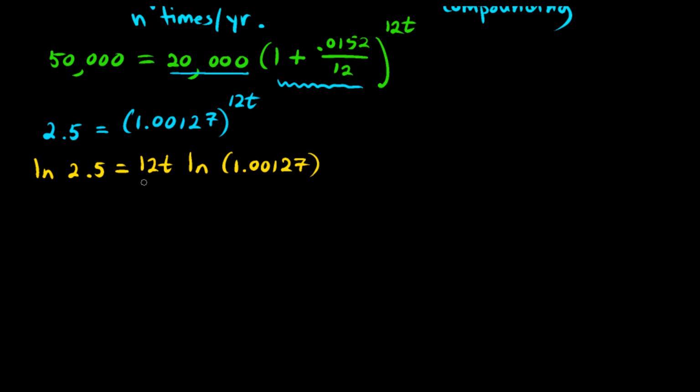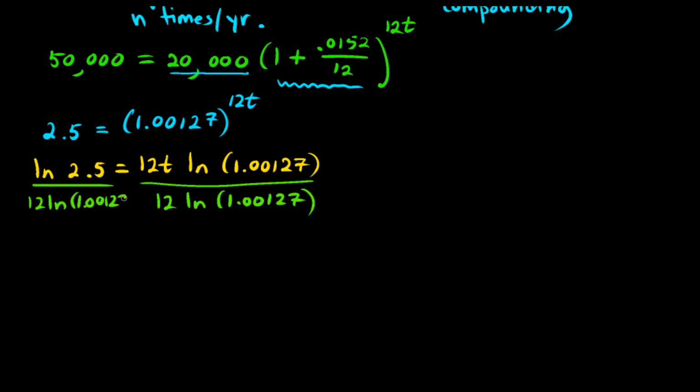Okay, now we solve for t. So I'm going to divide by 12 ln of that value on both sides. So essentially I'm dividing by everything other than that t value. And you'll see that the 12 will cancel with the 12, the ln will cancel with that ln.